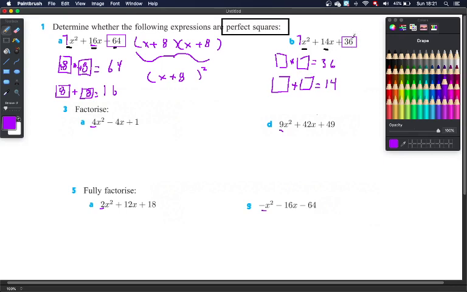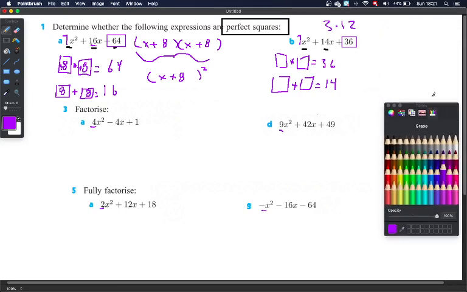So what are some other factors of 36? Well, I know one of them is 3 times 12. That's 36, but 3 plus 12 does not give me 14. So that doesn't help us out much either, does it? Some other factors of 36. Well, we have 9 times 4, well, that's 36, but 9 plus 4, that doesn't give us 14.